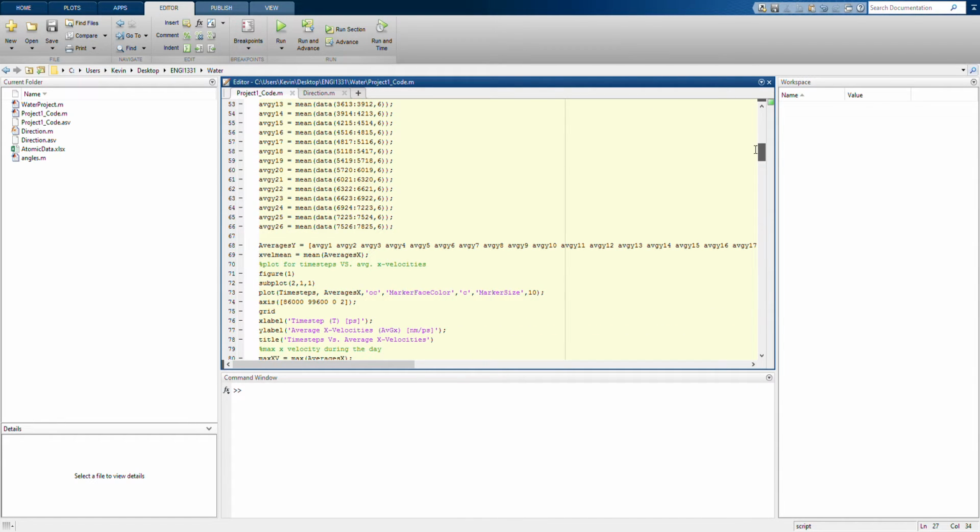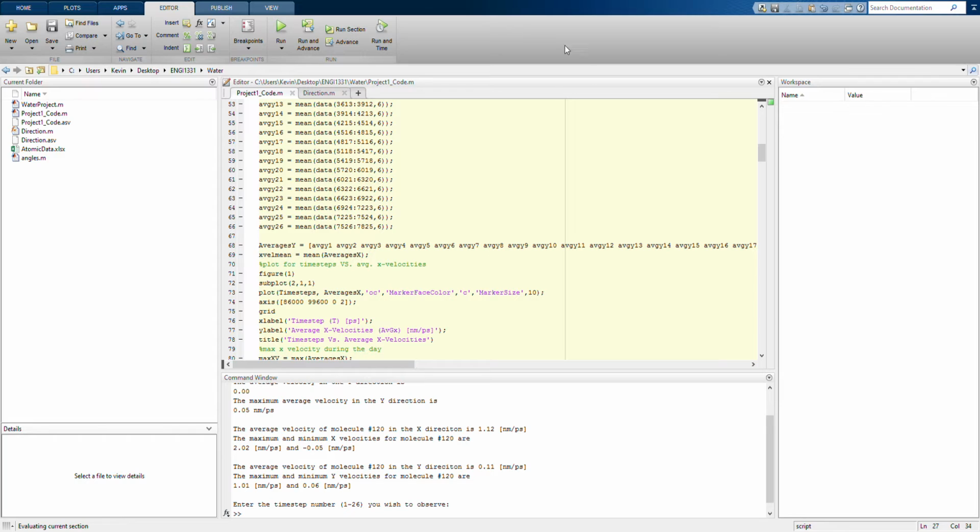Then we arranged them into one vector variable each, called averages x and averages y. Then we wanted to see the trend in this data, so we plotted it into a figure over here.